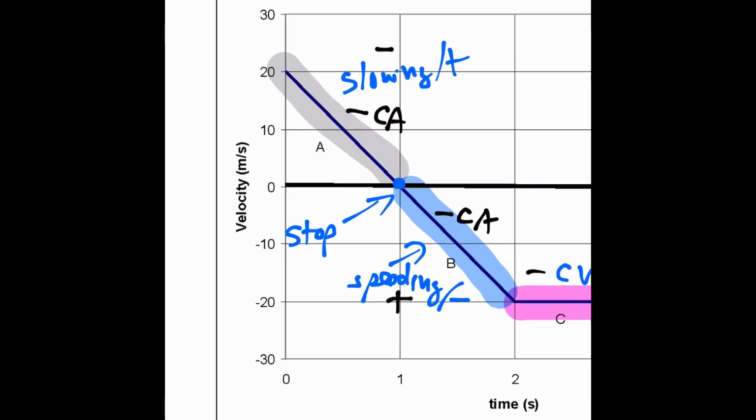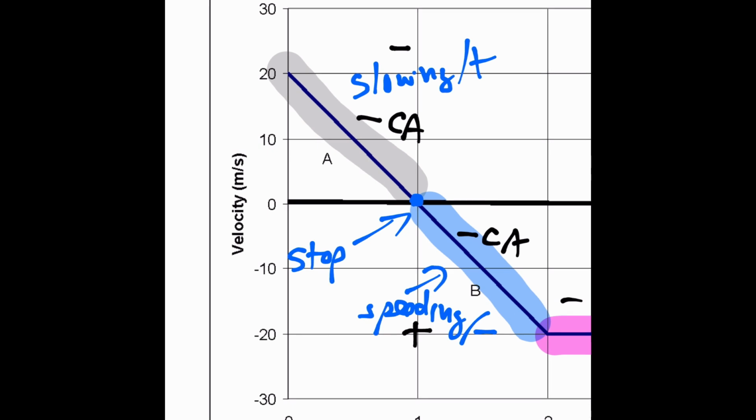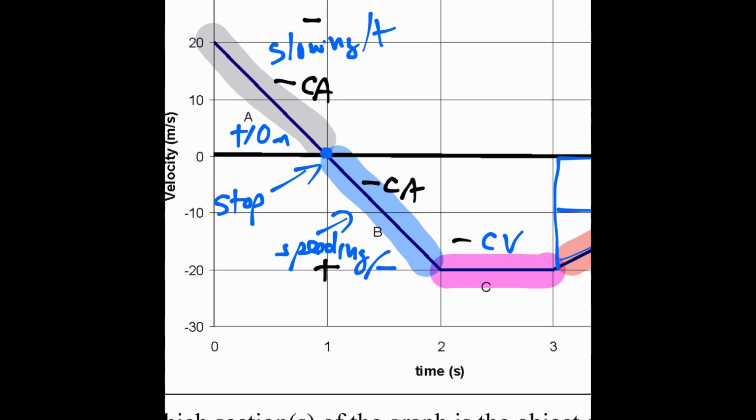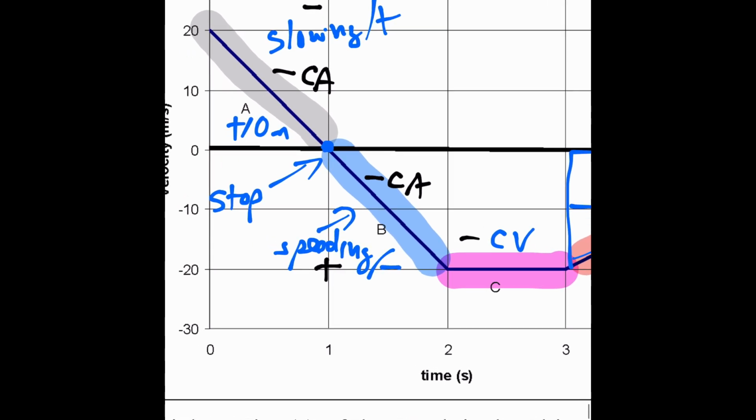Okay, here we go. What is the area from 0 to 1 seconds? Well, it's 1 times 20 is 20. Take half, that would be 10 meters. And it's positive 10 meters because it's above the t-axis. Then we're going to go same area for this one. If you look at it, it's symmetrical. 1 times 20 is 20. Take half, it's 10.